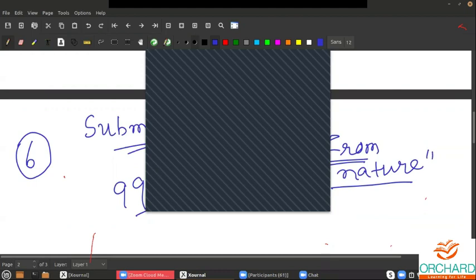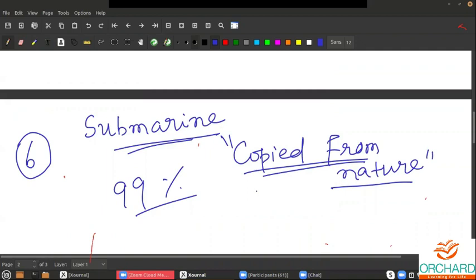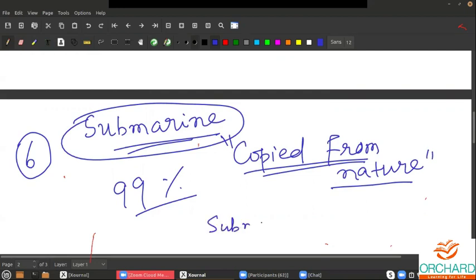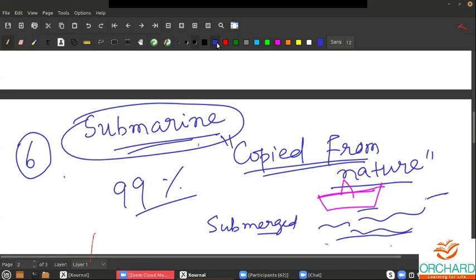By looking at the structure of the dolphin, whale, etc., we have made submarines. What do you mean by submarine? Which is submerged in water. You have ships floating on the sea, and some vessels constructed in such a way that they have a water inlet and water outlet.